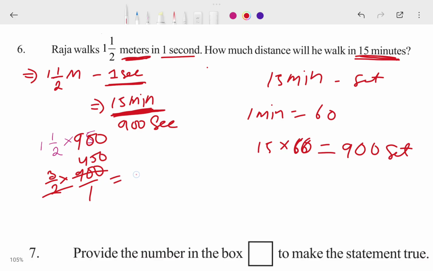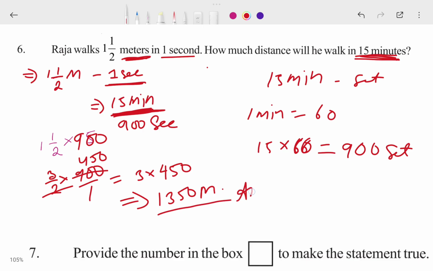So when you multiply this, 3 cross 450, your answer will be 1350 meters. So in 15 minutes how many meters can he go? He will walk 1350 meters. So this is your answer.